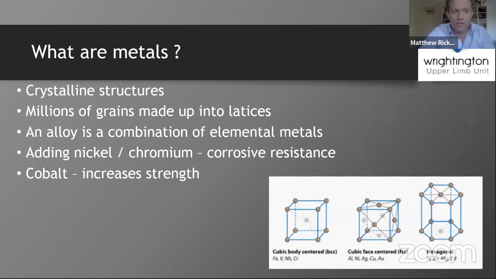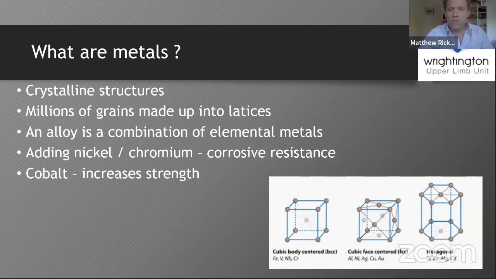Metals are crystalline structures. An alloy is a combination of elemental metals. There are millions of grains made up into lattices. They add certain other metals to the alloy for certain reasons. So you add nickel or chromium to increase the corrosion resistance of the implant that you're making. You add cobalt to increase the strength.